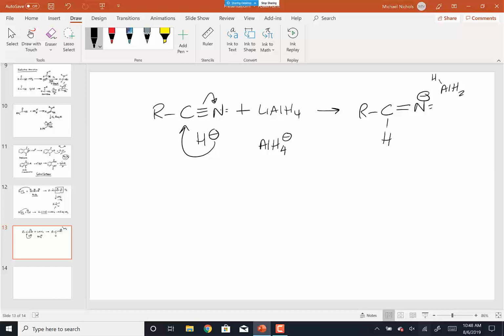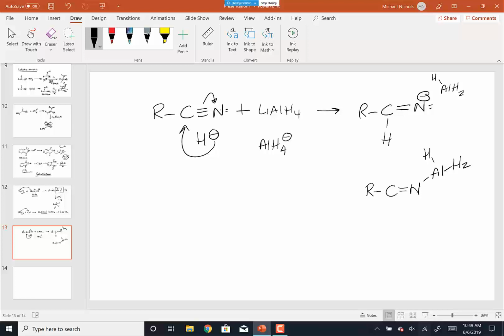It's in column 3 of the periodic table. So aluminum can actually take on an extra pair of electrons just like boron can. So what happens is that the nitrogen bonds to that aluminum. So now I've got an aluminum with an octet with 3 H's on it.